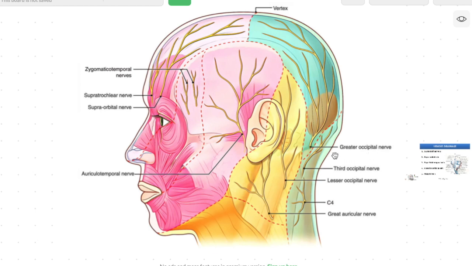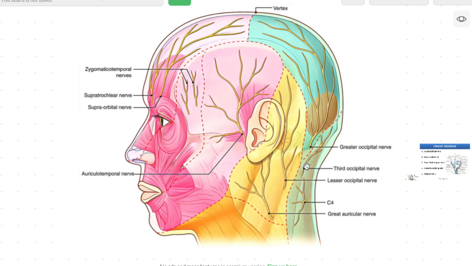You can see it's going exactly upward and supplying your whole occipital region. The other one is your third occipital nerve, derived from the posterior ramus of C3, and it supplies the skin of the inferior occipital region, exactly down there.